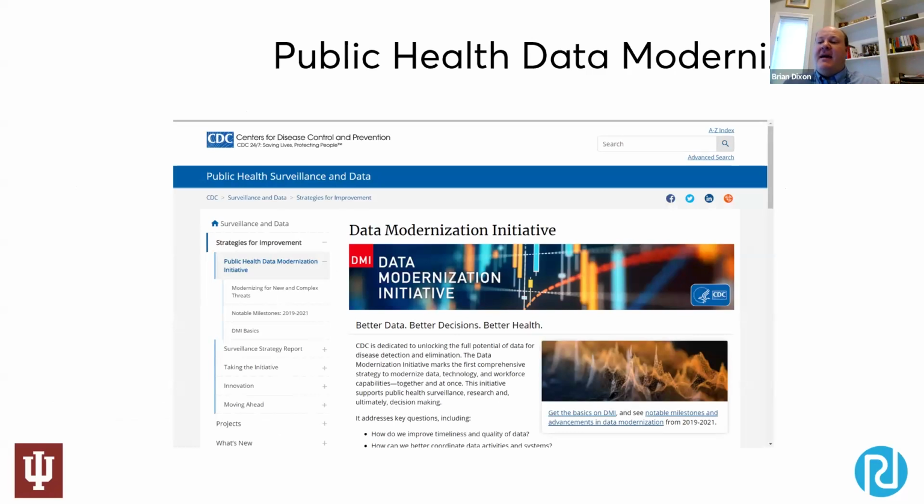This initiative dates back actually to 2019, so it started before the global pandemic, and really was trying to focus on getting resources from Congress to modernize the systems at not only the federal level, but also the state level and the local or regional level of the public health system in the US, in order to update outdated technology, but really around streamlining data.